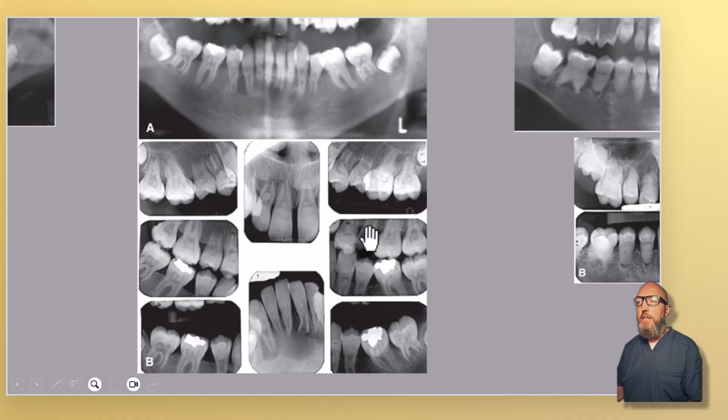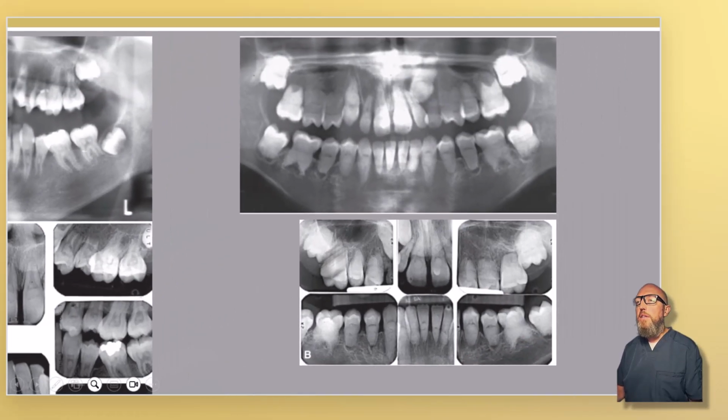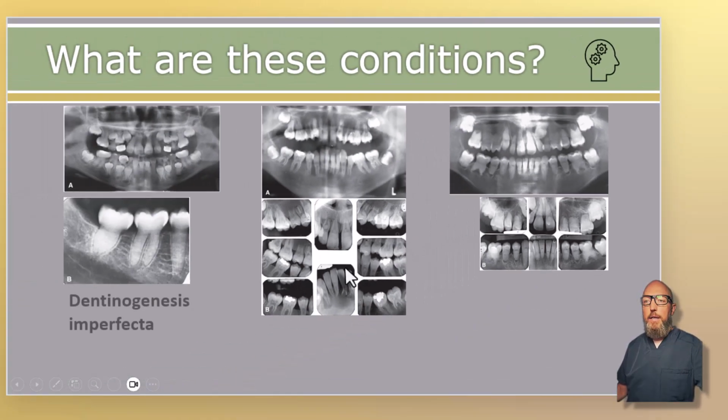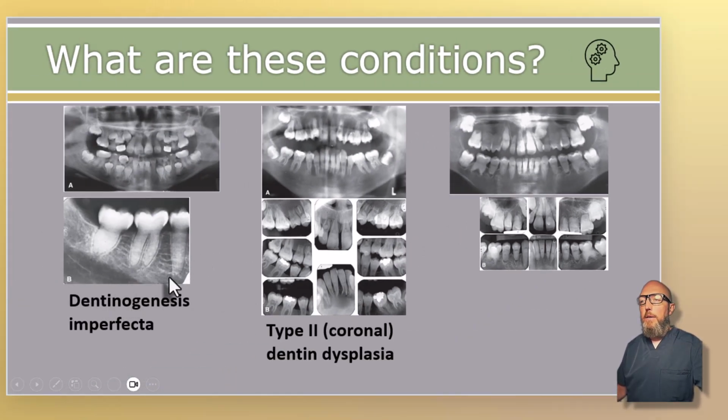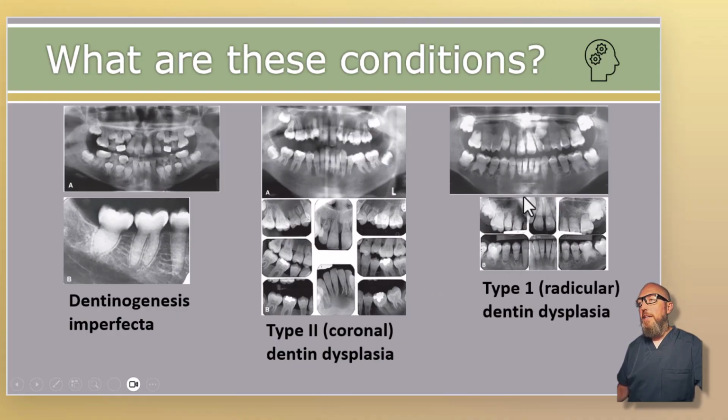I said when it affects the pulp, that's more your type 2, your coronal. Then this one over here are W-shaped roots, periapical hypodensities or periapical lesions on teeth, even though they're not carious. That's our radicular one, or type 1. DI, good. That should have been an easy one. Okay, good. Coronal dentin dysplasia. And then our radicular type 1 dentin dysplasia for that one.